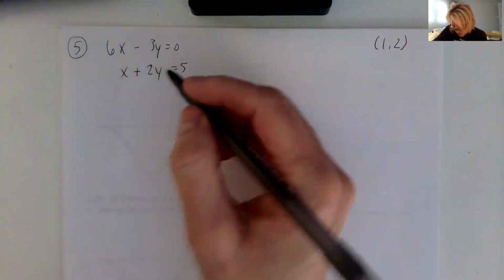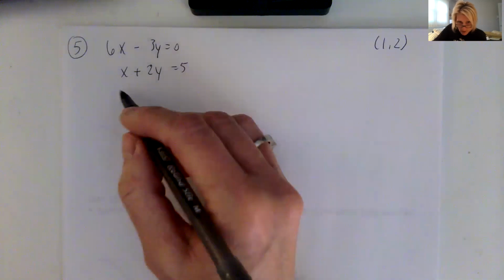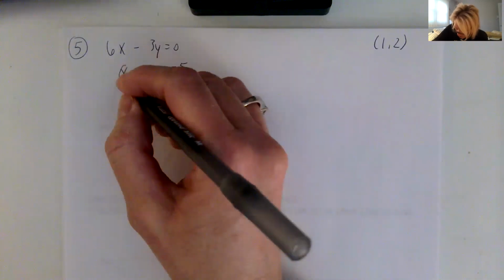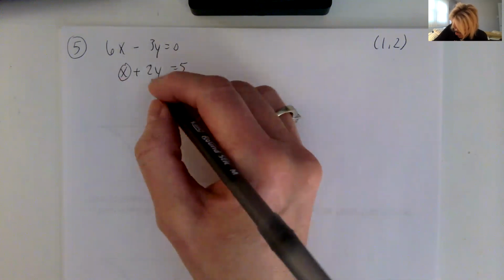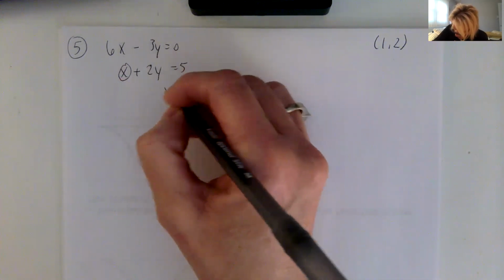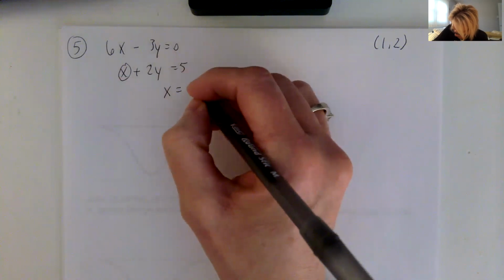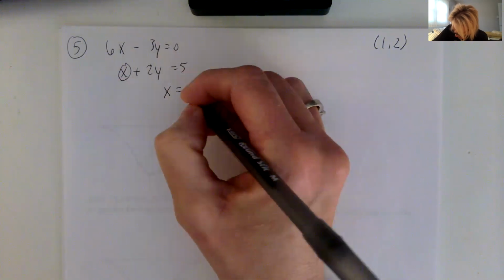So to use substitution, I have to have a complete recipe for either x or y. Well, it's really nice to be able to solve for x because it only has a 1 coefficient anyway. So if we subtract 2y, we can make a recipe for x using 5 minus 2y.